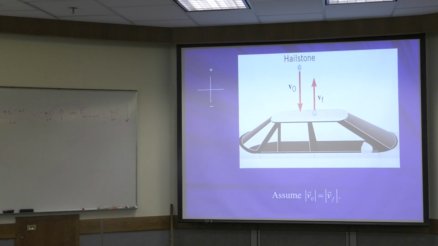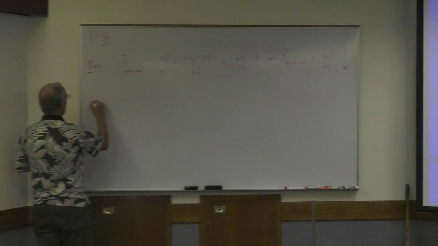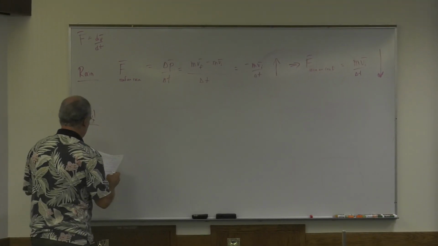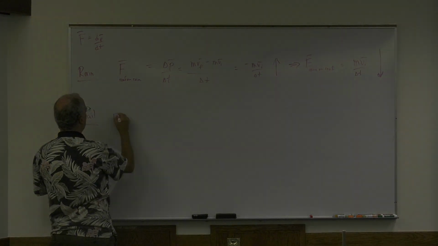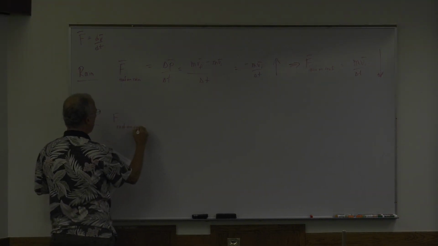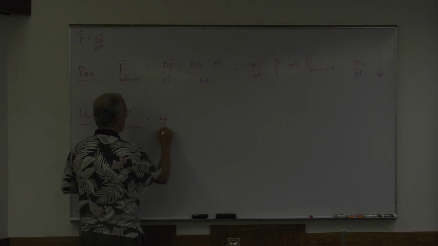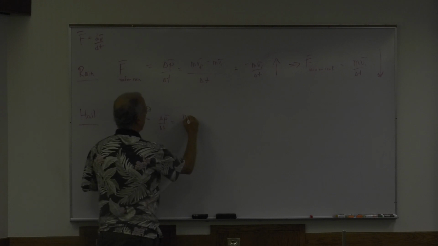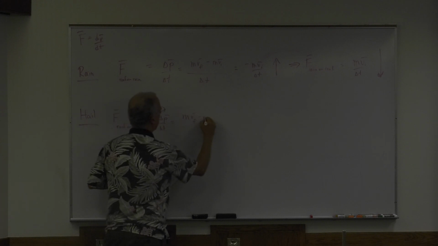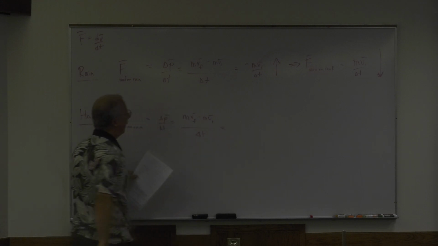Okay, so I'm assuming you've done it. So let's just compare notes, or I'll do it. Okay, so for hail, I'm just going to copy: force of roof on hail equals delta P over delta T, which is mV final minus mV initial over delta T. Now hold it.